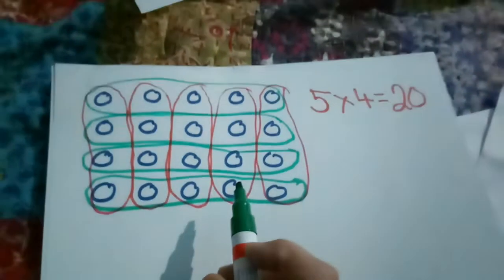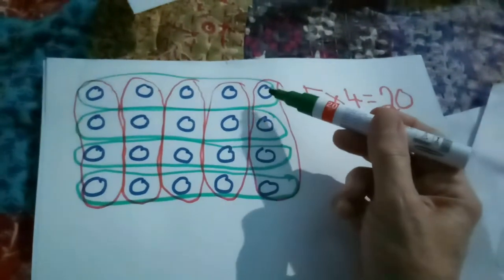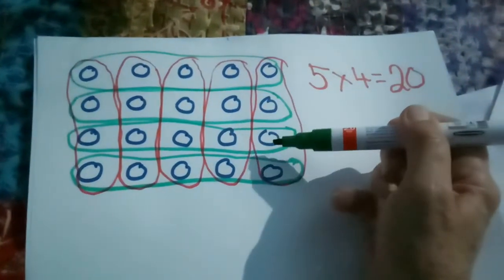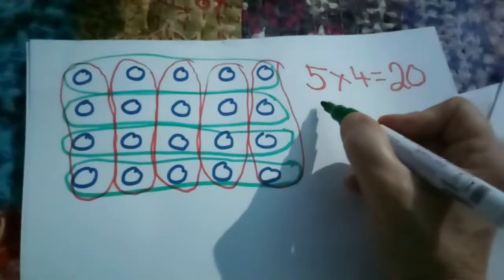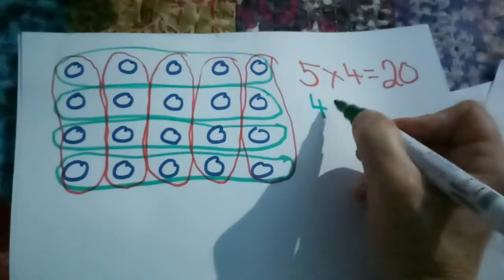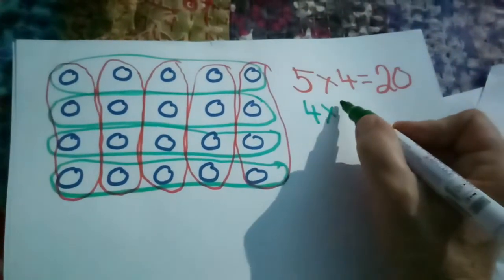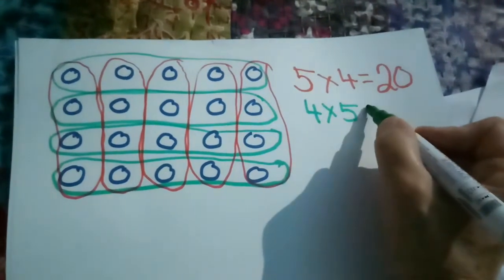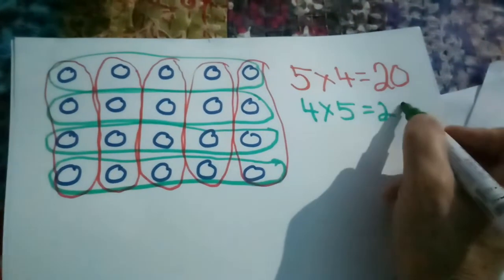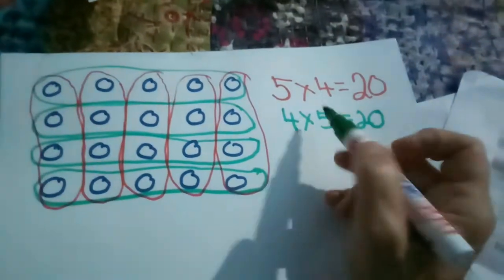So how many groups of 5 did I make? 1, 2, 3, 4. So we can write 4 times 5 equals 20.